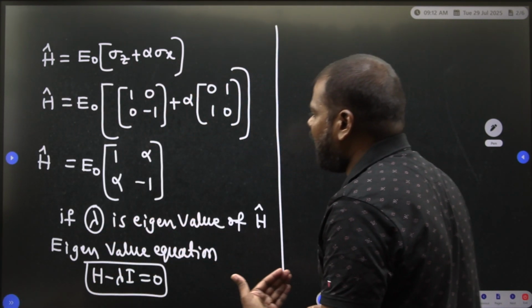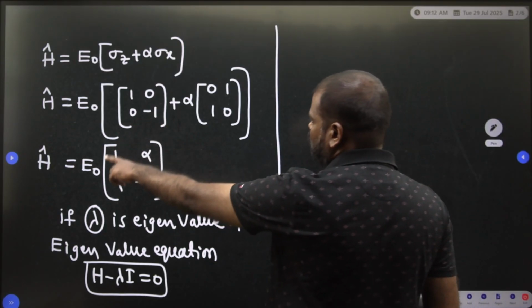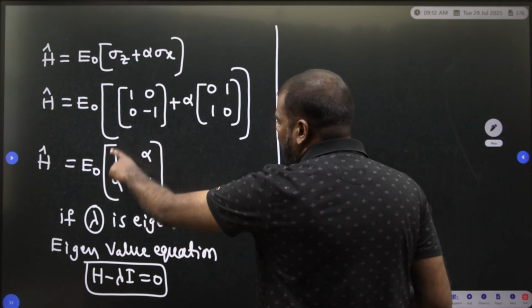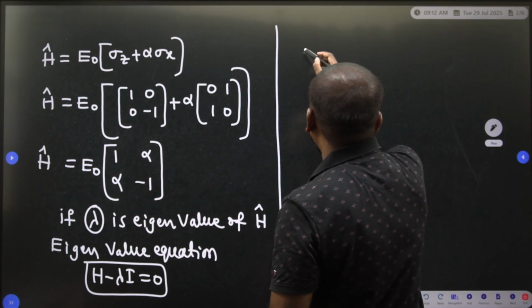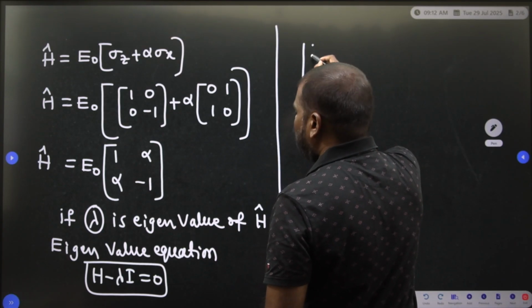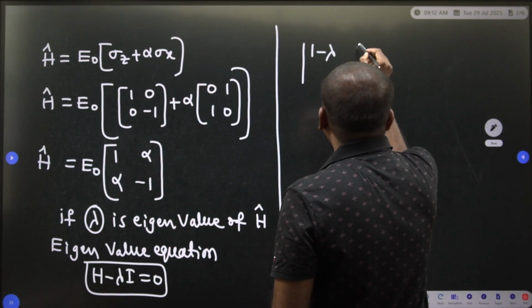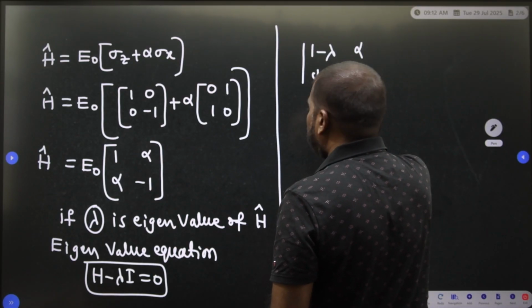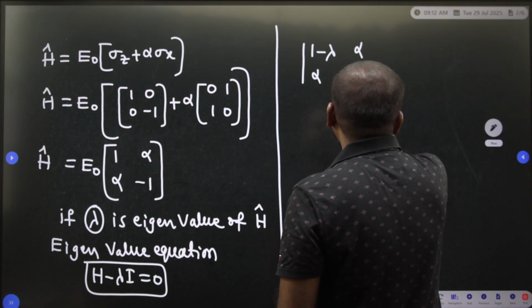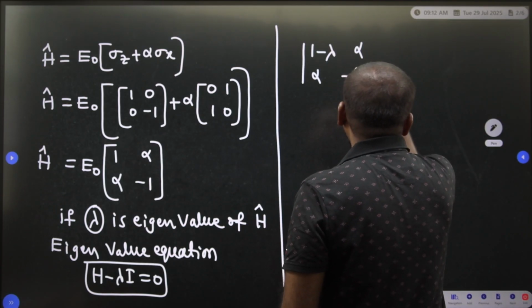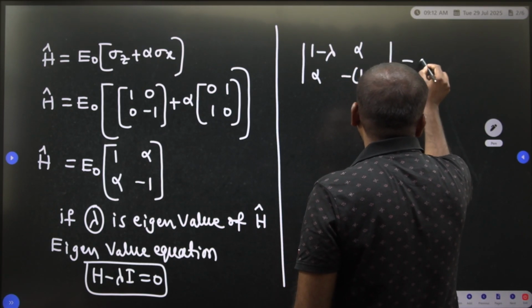So, based on that eigenvalue equation, first you have to calculate the matrix eigenvalue. How to calculate? The determinant of the matrix with entries 1 minus lambda, alpha, alpha, and minus 1 minus lambda is equal to 0.